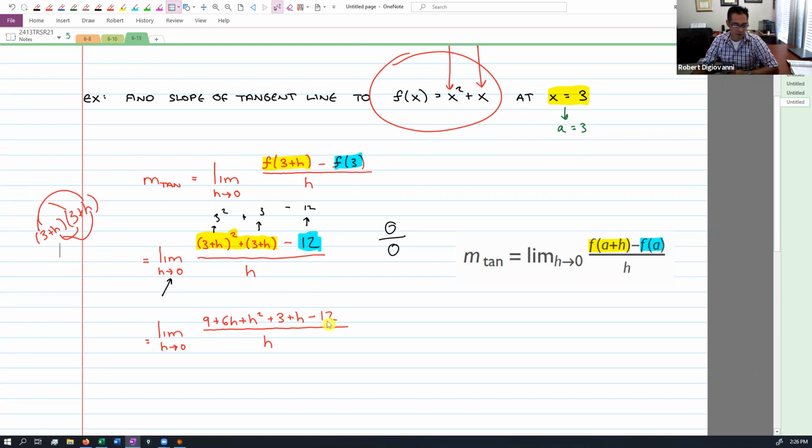Then you have the minus 12 here. Do y'all see that the 12, the 9, the 3, and the negative 12 all go away? Right, you should be left with H squared plus 7H over H. It looks like I have 7 H's on top, combining those two together, plus an H squared still up top, all over H.